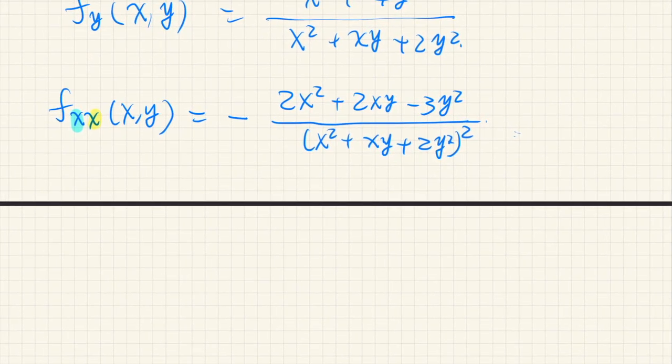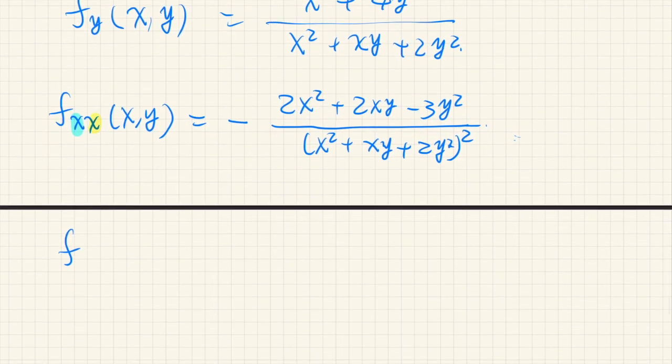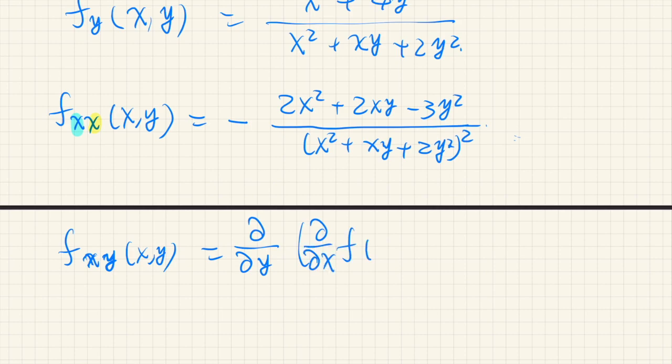And similarly, we differentiate this one with respect to y. Okay, just to be explicit, this first x means the first derivative, and the second y means the second derivative. So we first differentiate with respect to x, and then we differentiate with respect to y. So note the order. So this is yx, but this is xy.